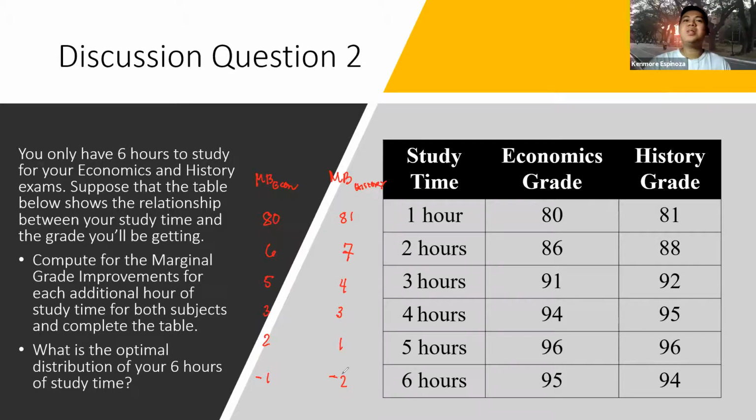3 hours, 3 hours. But which subject would you first allocate your first hour to? Okay, Camille. I would allocate my first hour to history. Right. So the ranking is history, and then the second one is, sige, Je. Okay, and then next, I can't see you.